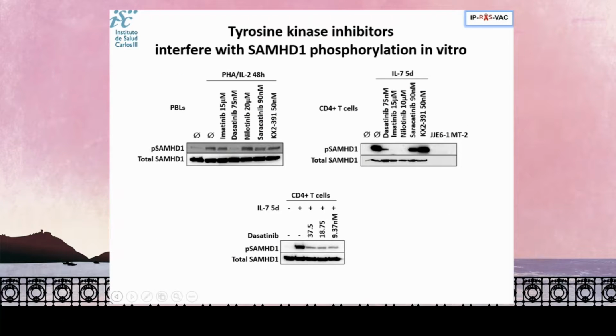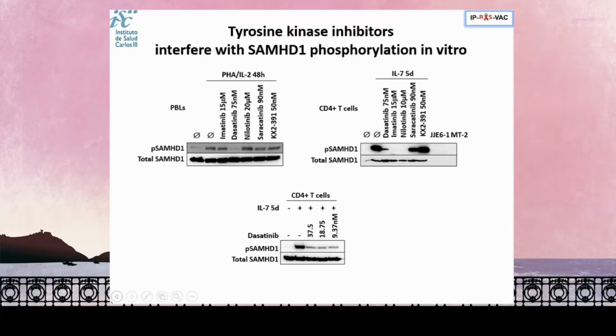Because these tyrosine kinase inhibitors could interfere with SAMHD1 phosphorylation, and this could be the main mechanism to interfere with HIV-1 replication, we tested by Western blot what effect they produced on SAMHD1 phosphorylation. When PBLs were treated with PHA and IL-2 for 48 hours, we observed that only dasatinib was able to interfere with SAMHD1 phosphorylation.